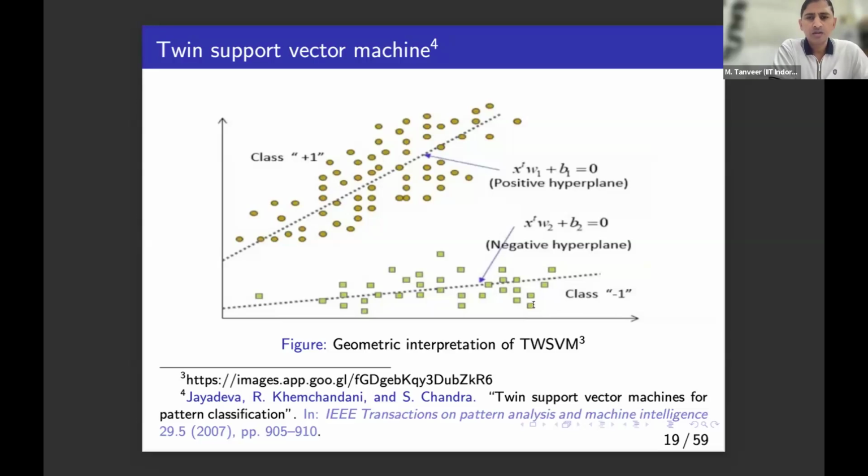The formulation of twin support vector machine is very similar to standard support vector machine. However, the algorithm of twin support vector machine is different in one fundamental way.